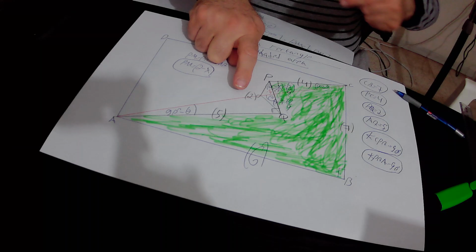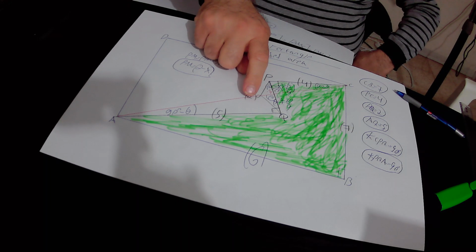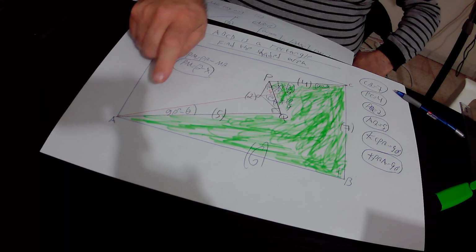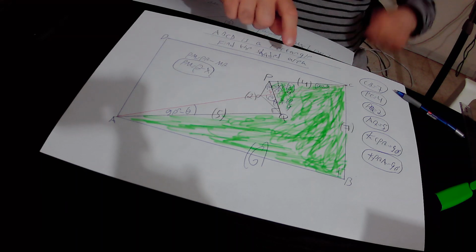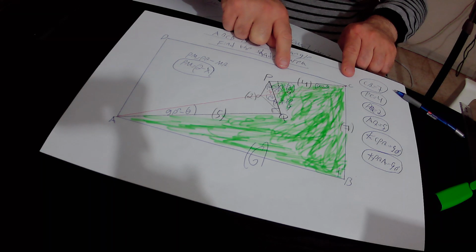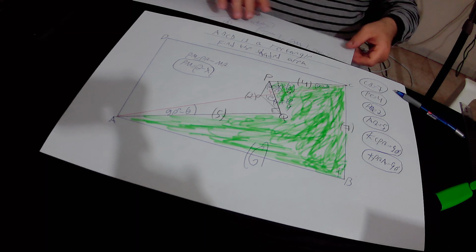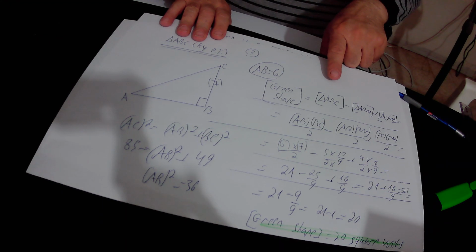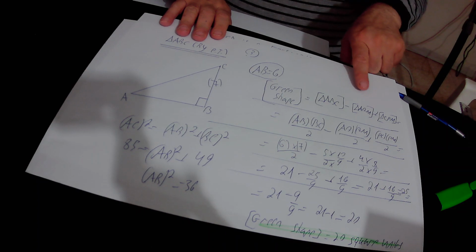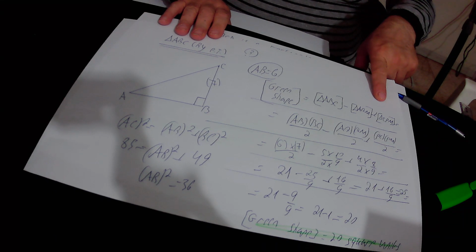Therefore we have to subtract from the area of triangle ABC the white area of triangle AQM, and we have to add the area of the green triangle, triangle PCM. So in total, the area of the green shape equals the area of the big right triangle ABC, minus the area of the white triangle AQM, plus the area of the small green triangle CPM.